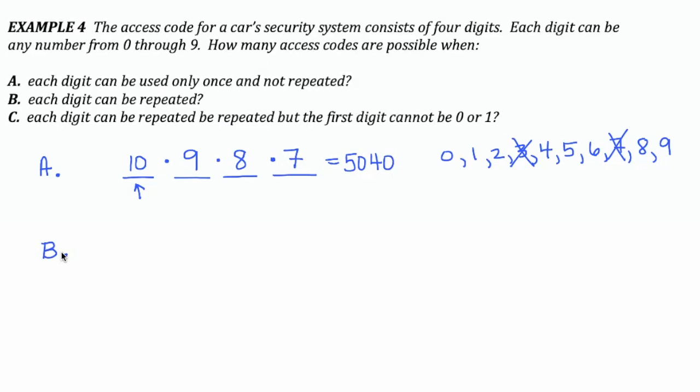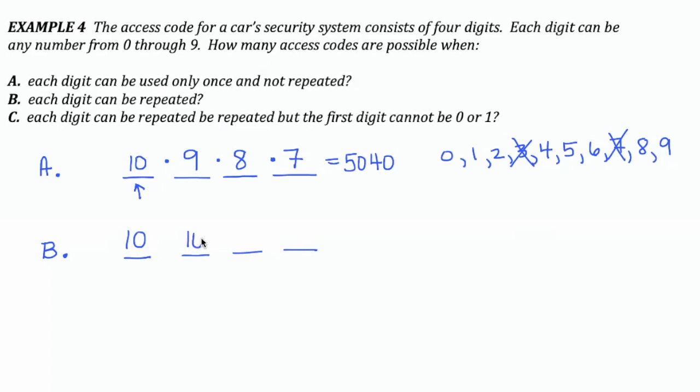Do I have more possibilities or less if each digit can be repeated? Well, if each digit could be repeated, then on each blank here, I need to list how many choices I have for each digit. I have 10 choices in the first spot. And in this situation, if I do choose 3 for my first digit, I can choose 3 again.